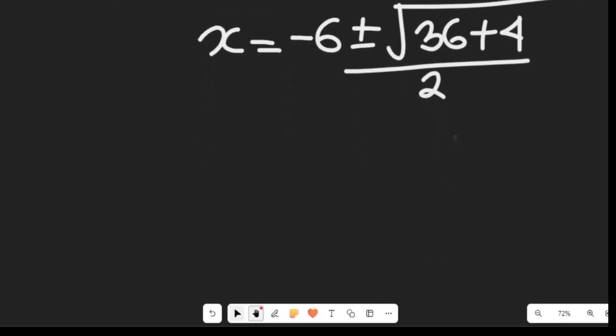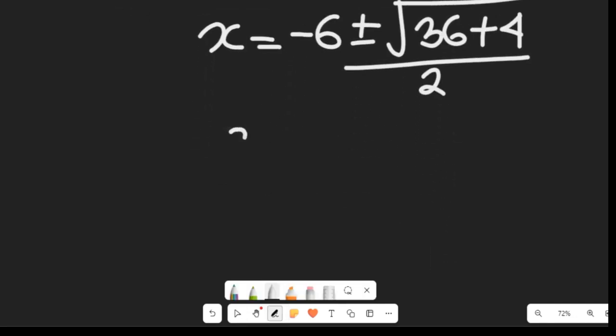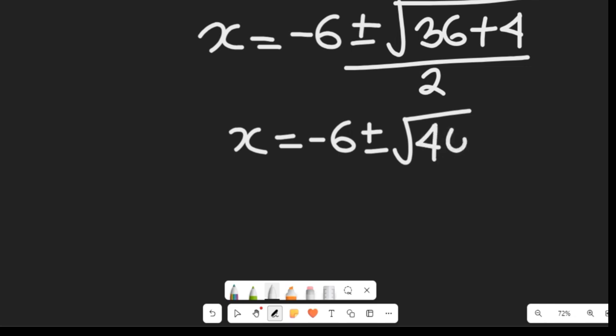So that expression will give us the value of our x to be equal to negative 6 plus or minus square root of 36 plus 4, which is going to give us 40, divided by 2.